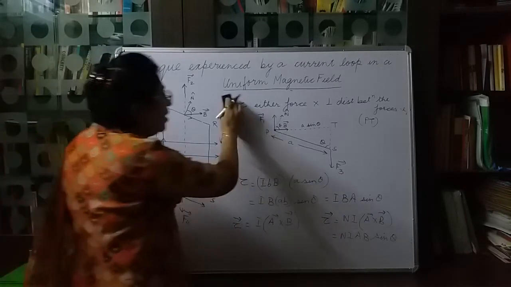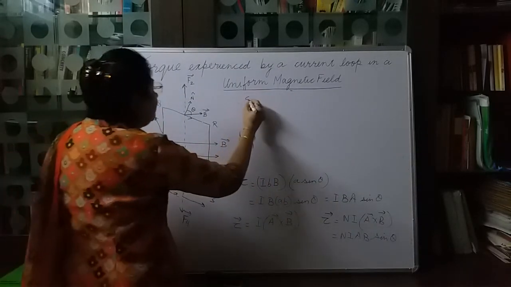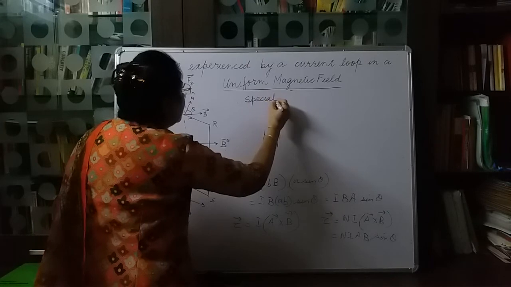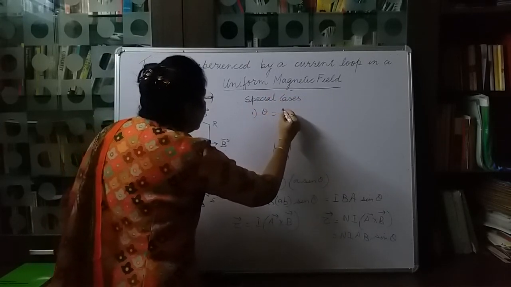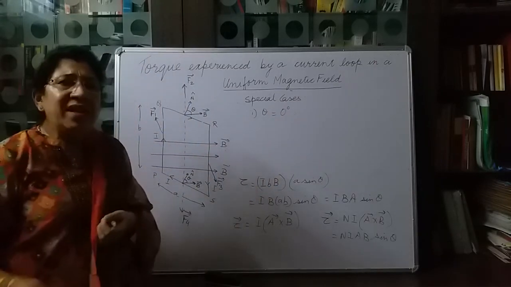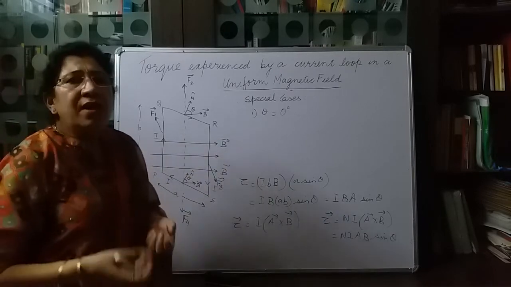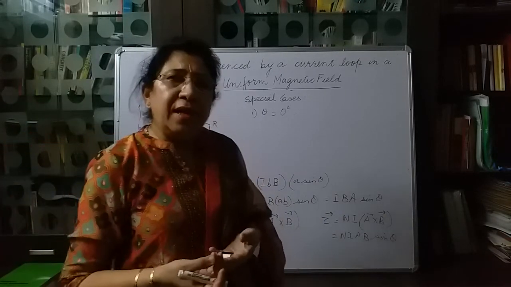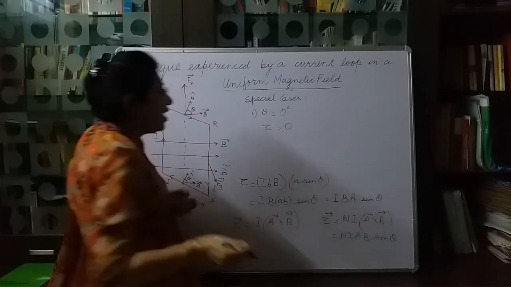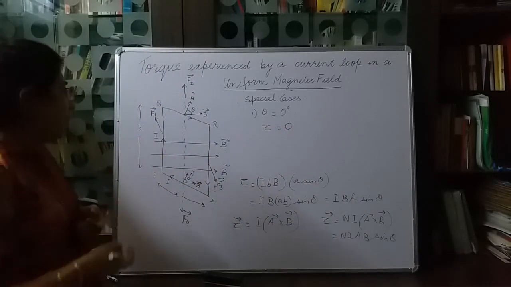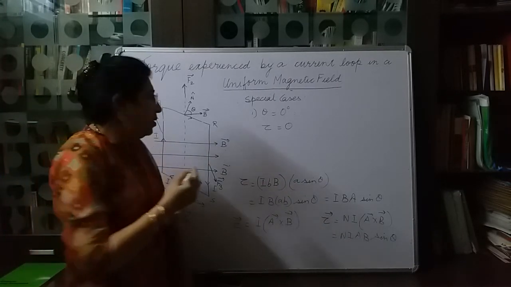We can also see here when the torque will be minimum or maximum. Say theta is 0. When will theta be 0? Theta will be 0 when the plane of the coil is perpendicular to the magnetic field. In that case, torque will be equal to 0. That is, the torque will be minimum when the magnetic field and the plane of the coil are perpendicular to each other.